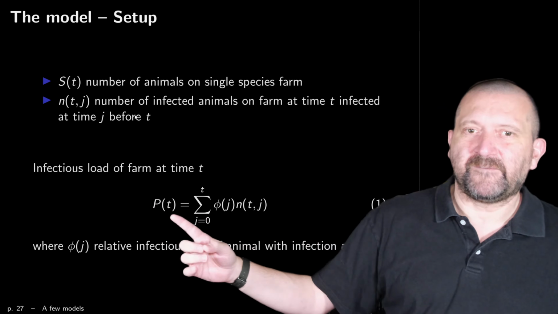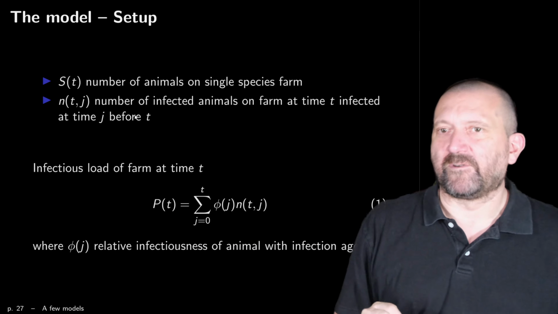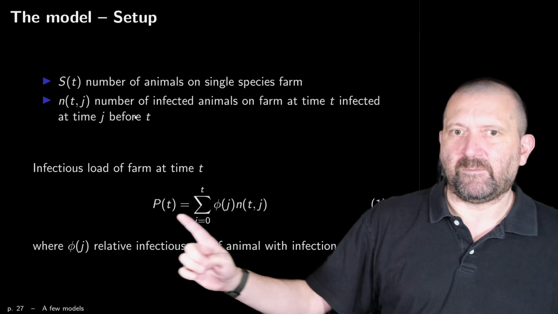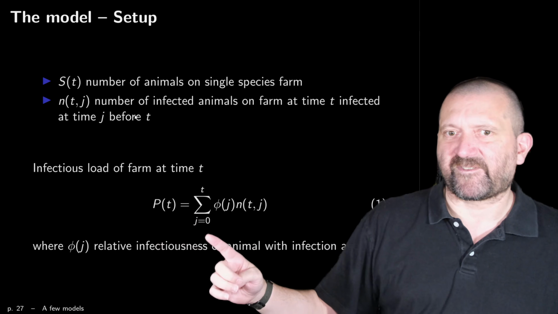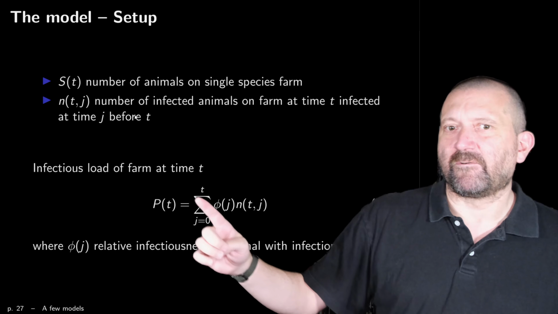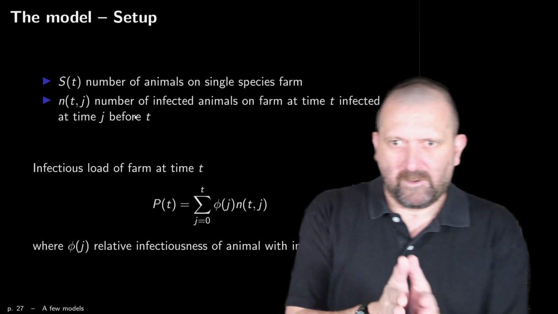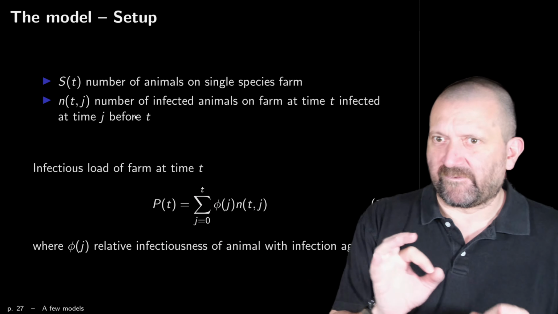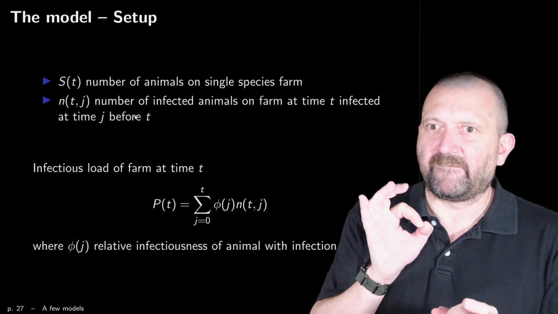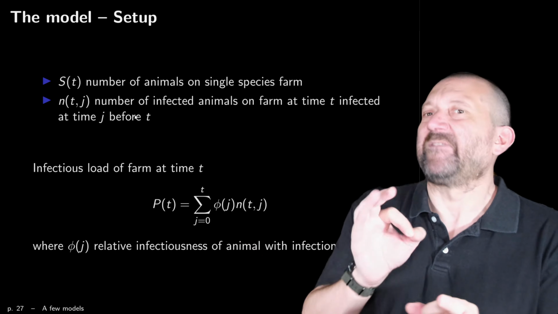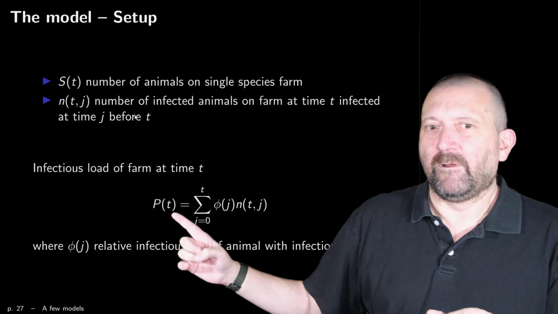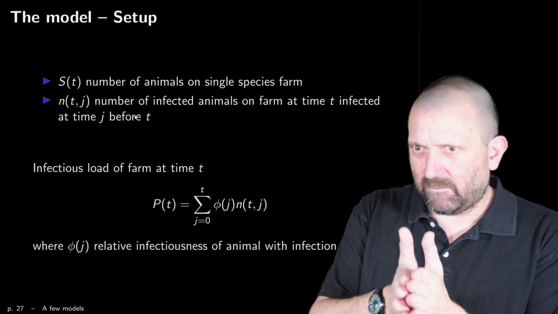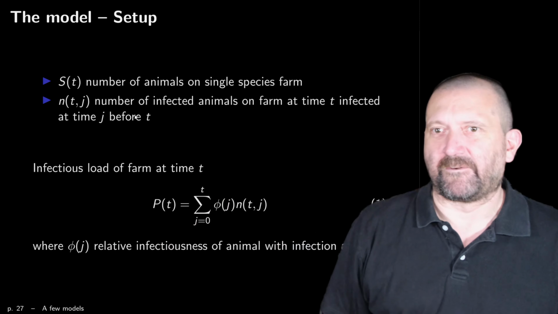So they then look at the infectious load of a given farm at time t as this sum, P of t here, which is the sum from j equals 0 to t. So you're looking back in time, essentially. You go from j equals 0, individuals who were infected today, at time t, to j equals t, which means if we're at time t, we're going back all the way to time 0.